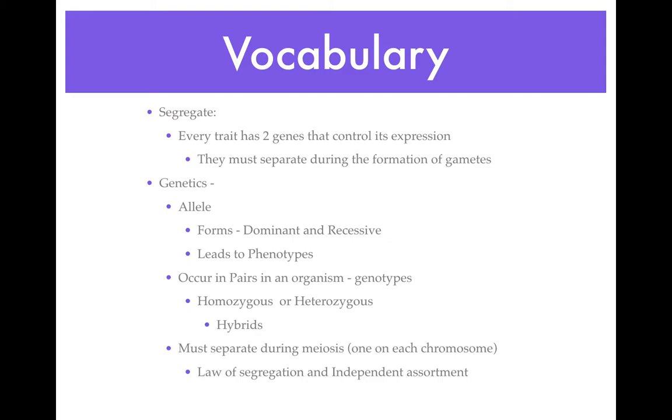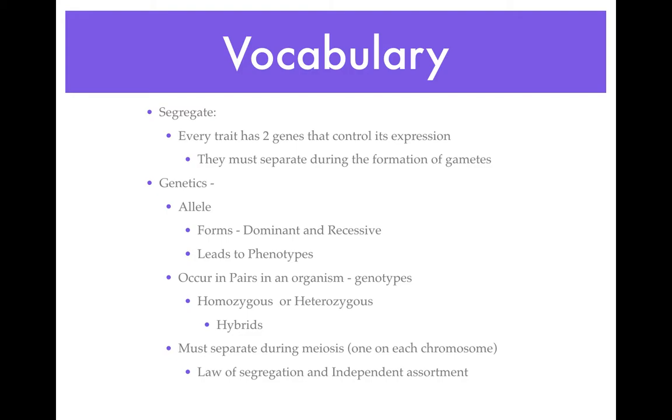So we all have these genes. They occur in pairs. We got one allele from mom and one allele from dad. So we're going to call the actual alleles, the actual two genes we have, a genotype. And that means you can either have two that are exactly the same, which would be homozygous, or two that are different.